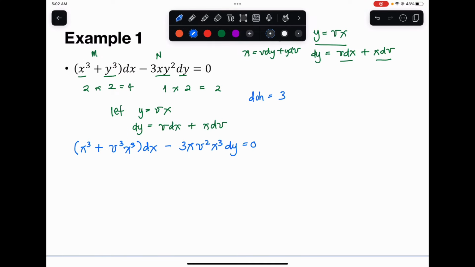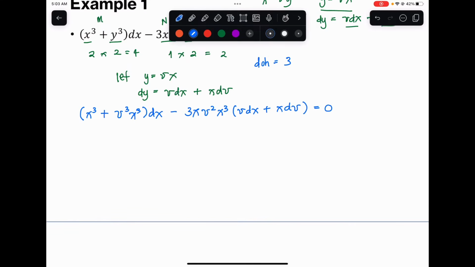Okay, so now we have x cubed plus v cubed x cubed dx minus 3x v squared x squared dy, or sorry, dy is v dx plus x dv, equal to 0. We can factor out x cubed on the first term.